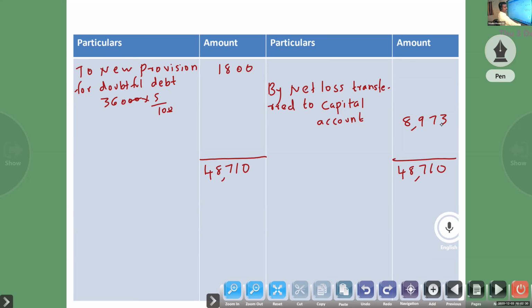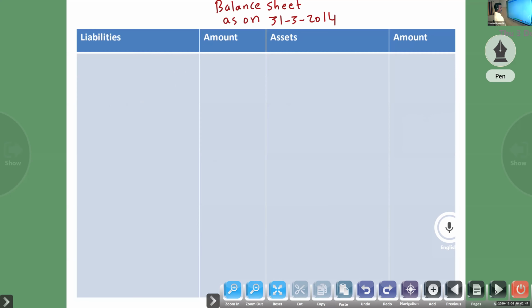Now we will do the balance sheet as on 31st March 2014. First, capital is given.